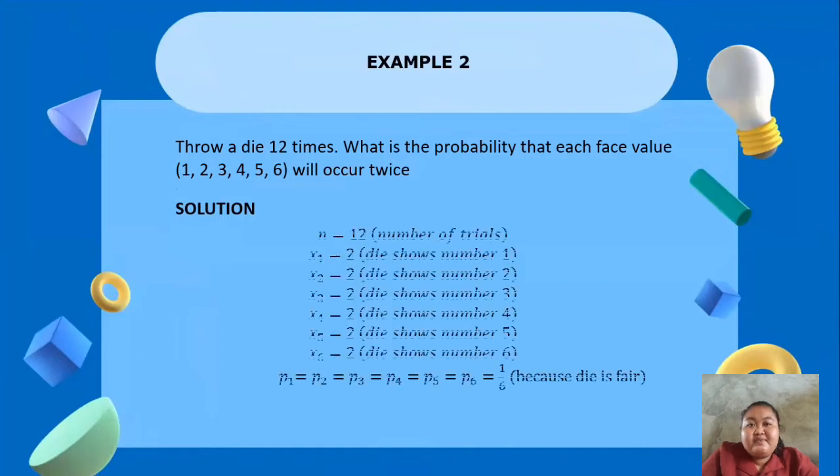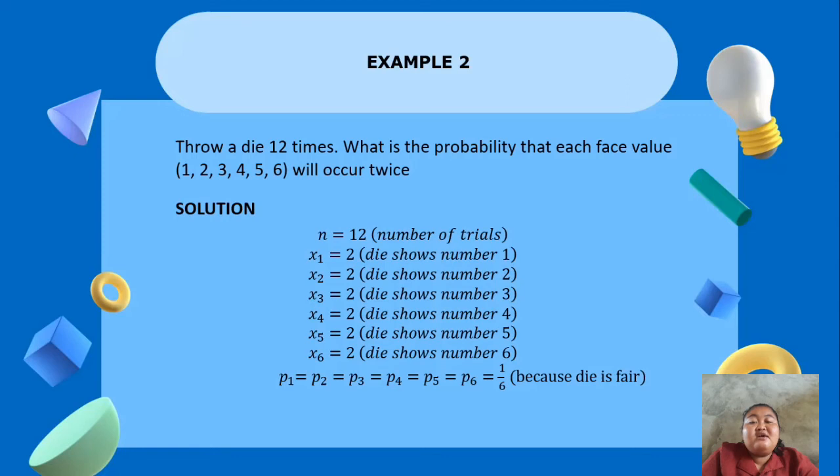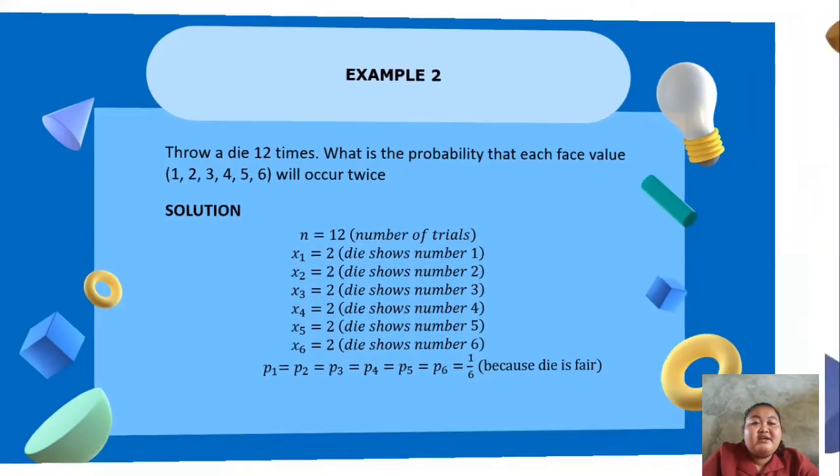In the solution, n equals 12 number of trials, x1 equals 2 die shows number 1, x2 equals 2 die shows number 2, x3 equals 2 die shows number 3, x4 equals 2 die shows number 4, x5 equals 2 die shows number 5, x6 equals 2 die shows number 6, p1 equals p2 equals p3 equals p4 equals p5 equals p6 equals 1/6 because the die is fair.